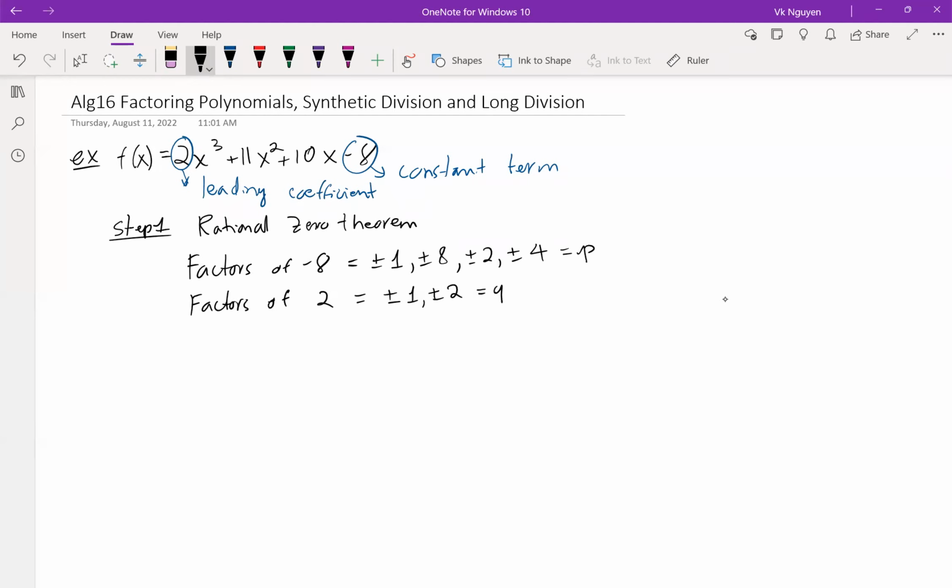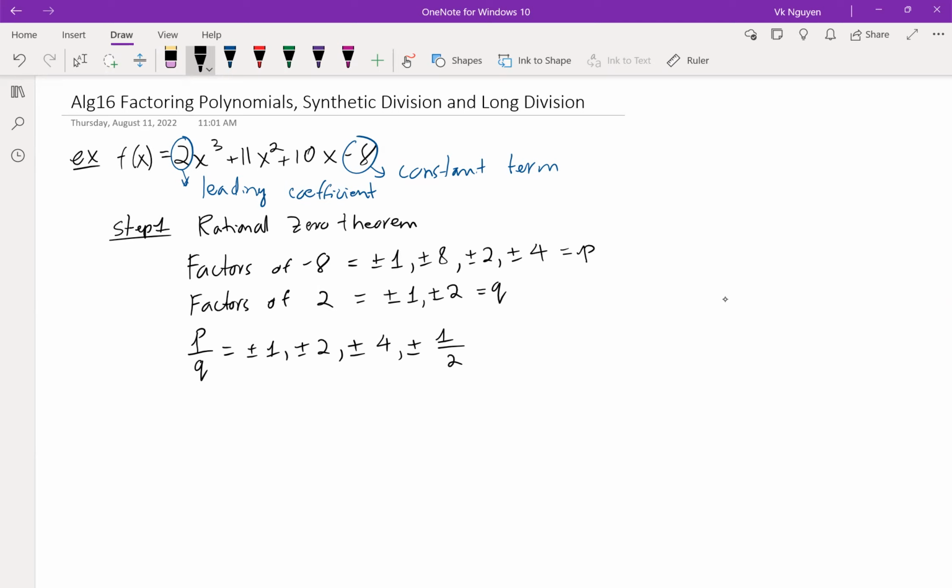And these are the Q. Next, we do P over Q. P over Q will get us plus or minus 1, plus or minus 2, plus or minus 4, plus or minus, we also have 1 divided by 2, so 1 over 2. And these are all the P over Q. They are possible rational zeros.